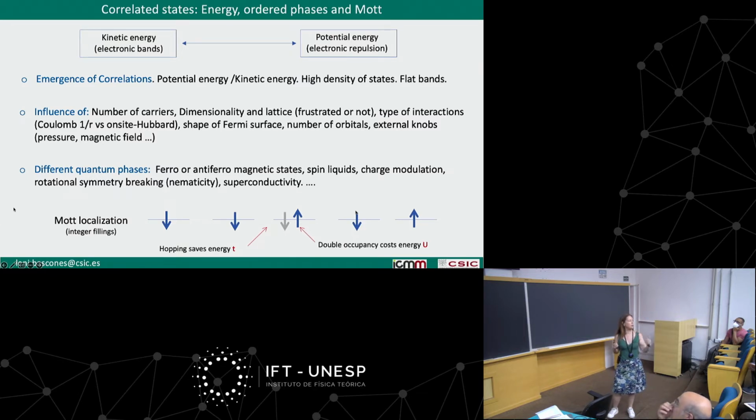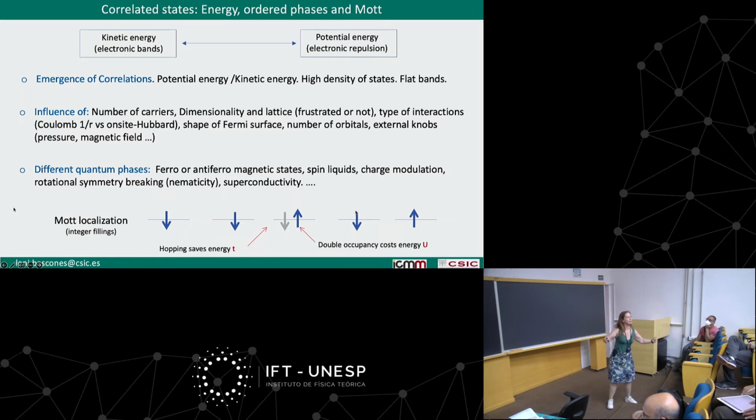So the hopping, let's say the kinetic energy, is going to try to make the electrons move from one site to another. However, now imagine that we have an interaction in which, if two electrons are on the same site, this causes a repulsion U. So if electrons are hopping from one site to another and they meet on the same site, this is going to cost a lot of energy.